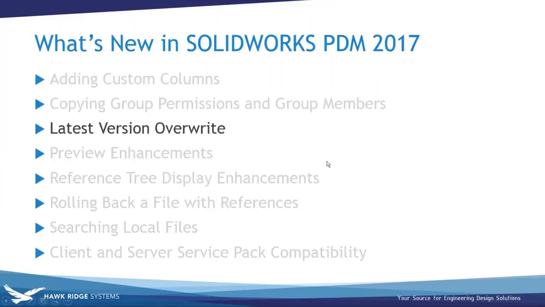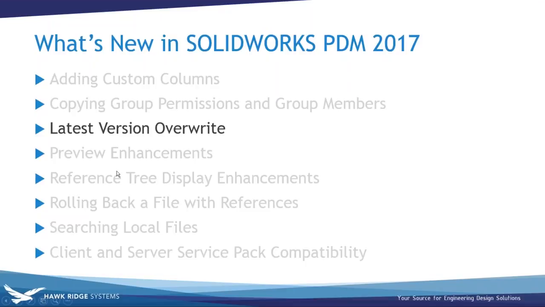Latest version override. This is a big one, especially if you're moving from Workgroup to SOLIDWORKS PDM. There was a concept in Workgroup of a working copy, where you're not updating a version of the file, or revision as it's called in Workgroup. You just keep updating the same version, and once you're done, you release it. This is also particularly important for users that are making a lot of changes and checking in and out quite a bit.